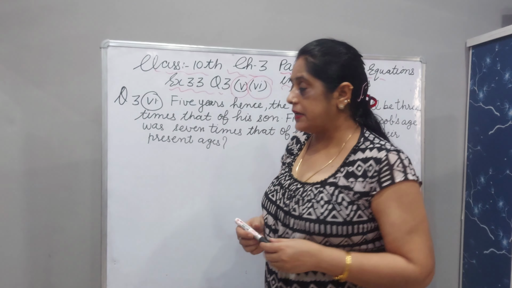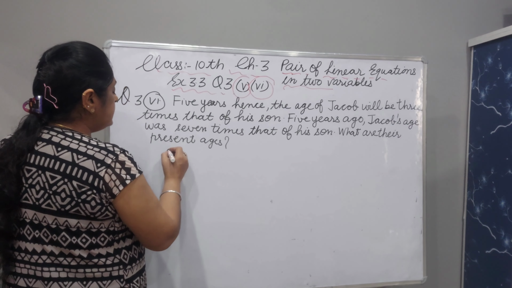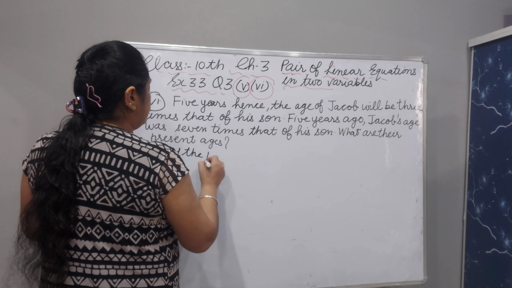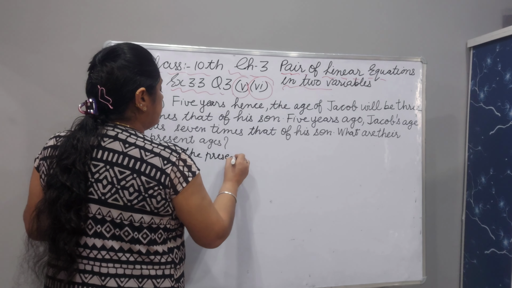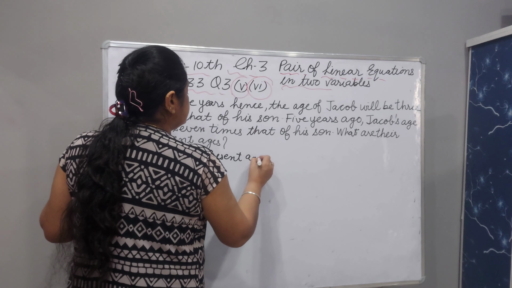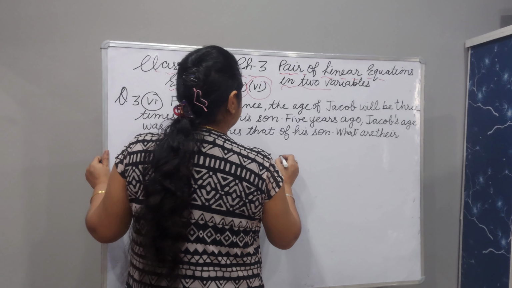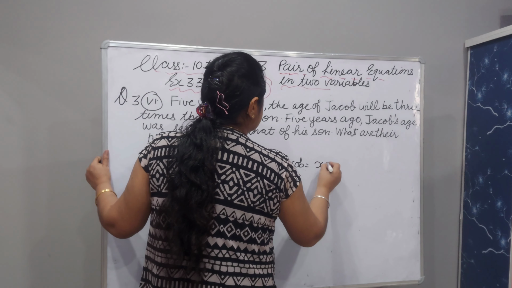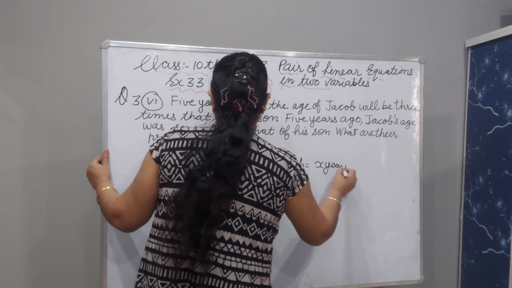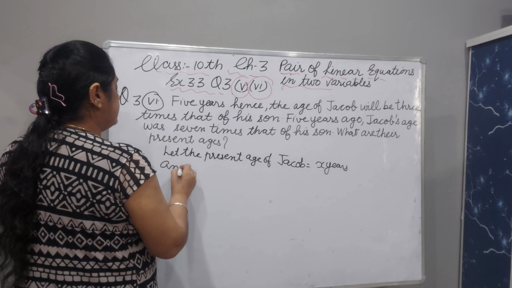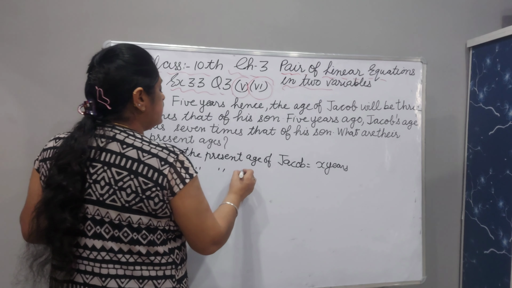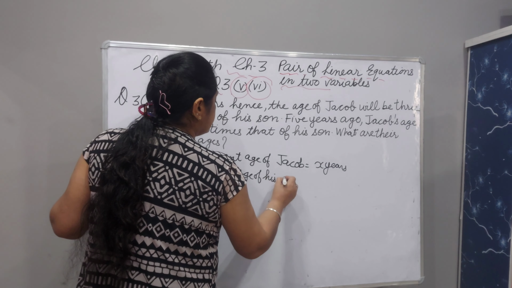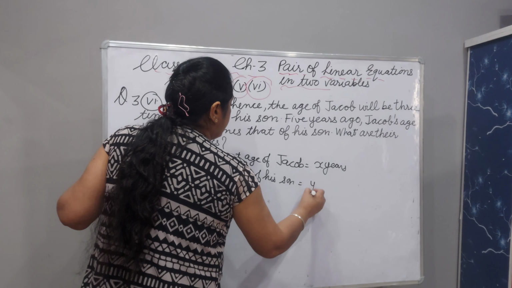Let the present age of Jacob be x years, and the present age of son be y years.